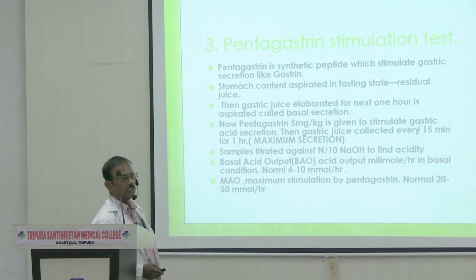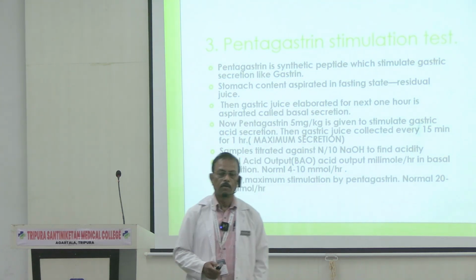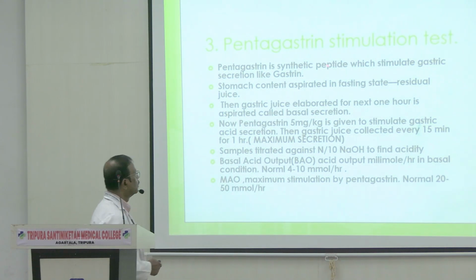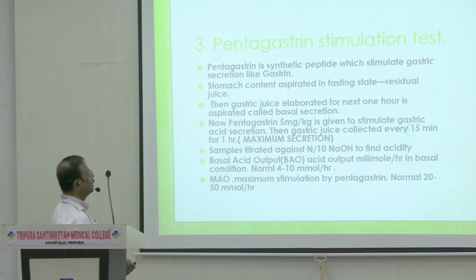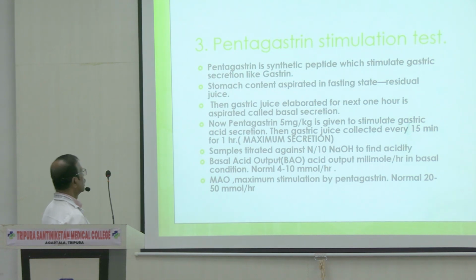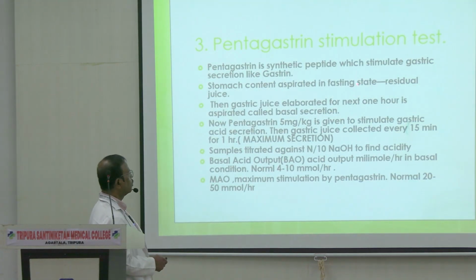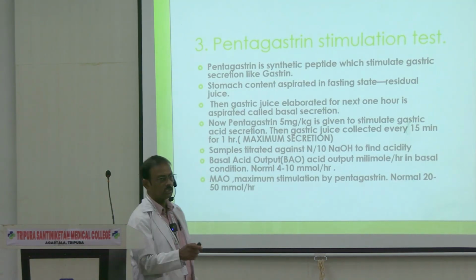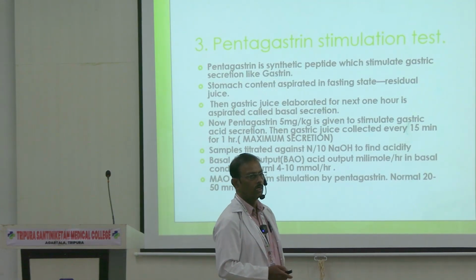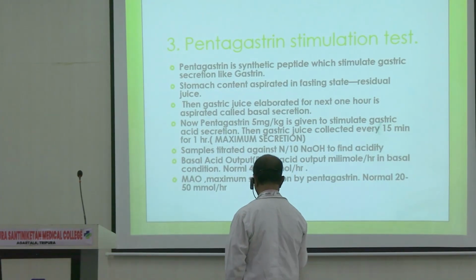Next is pentagastrin stimulation test. Here pentagastrin is a synthetic peptide which stimulates gastric secretion like gastrin. After aspiration of stomach content, the first stomach content before stimulation is called residual juice.